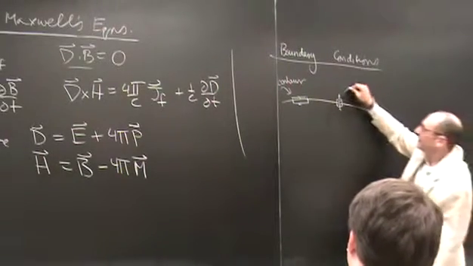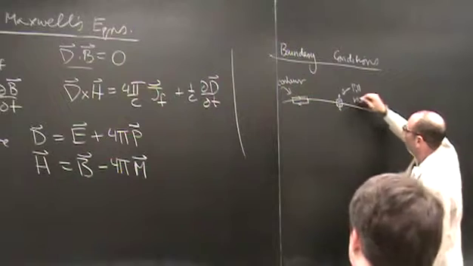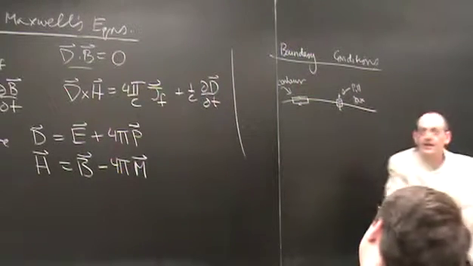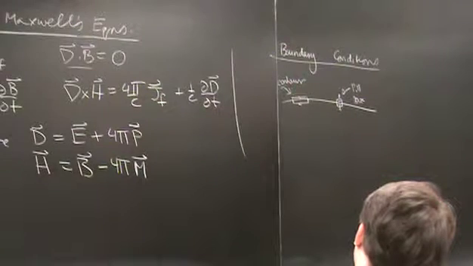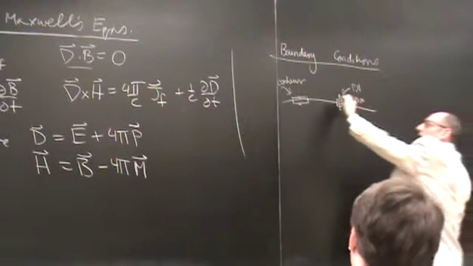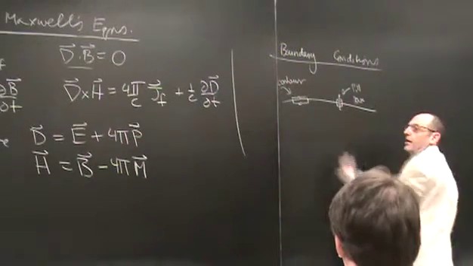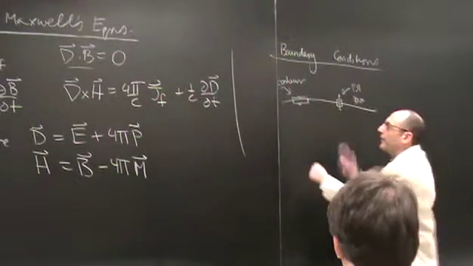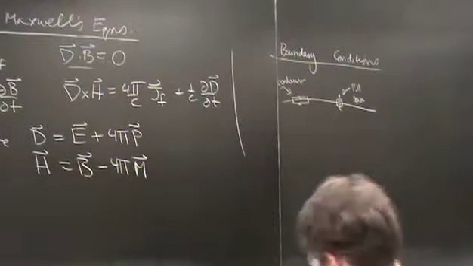So this, our lovely pillbox, which they enjoyed in the 18th century, tells us about how the normal contributions to the fields vary across the boundary. And this tells us something about how the tangential components of the field vary across the boundary.